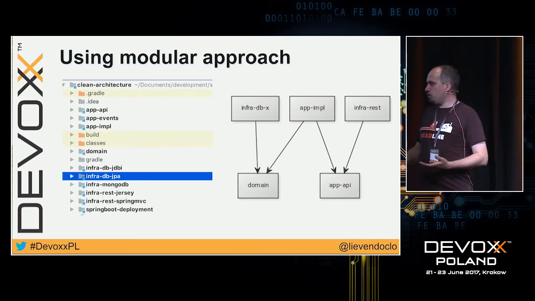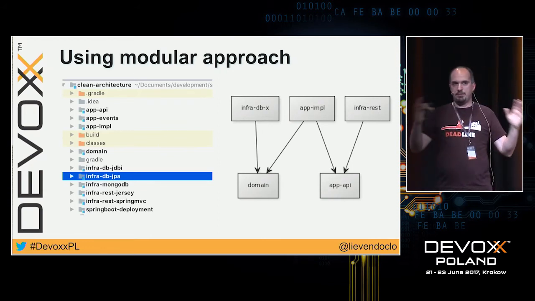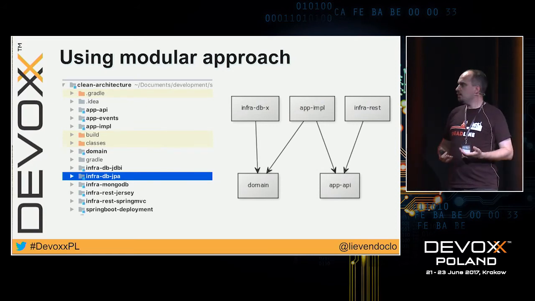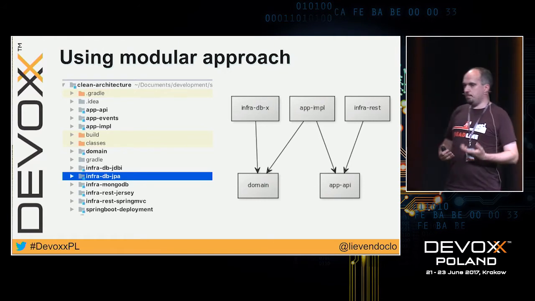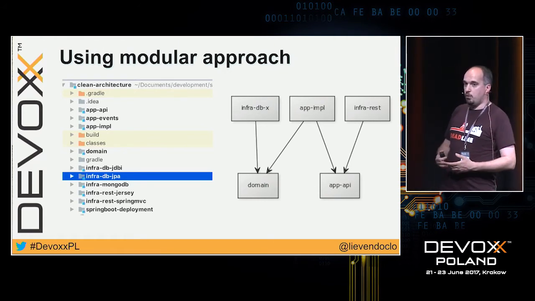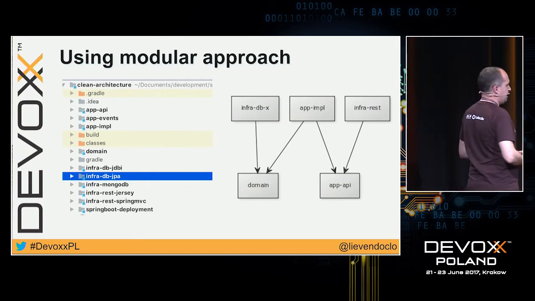And then the deployment module is what glues everything together. Here I'm using Spring Boot, but I could just as well have been using Wildfly Swarm or OSGI if you want to. It's a choice that you can make.